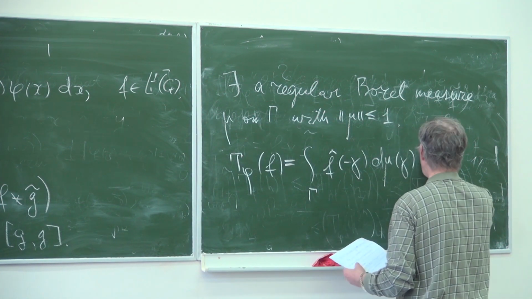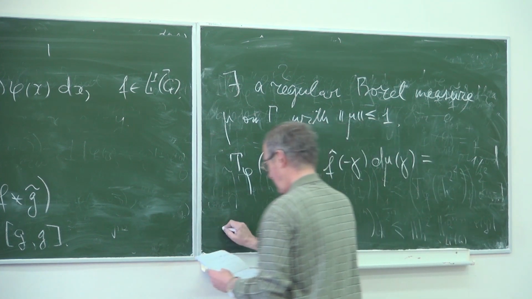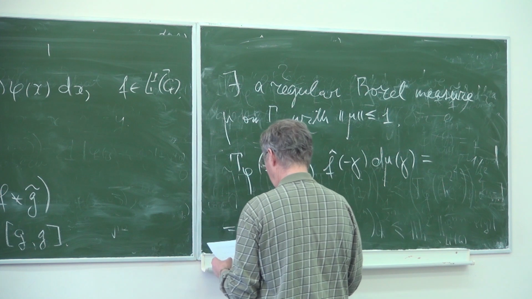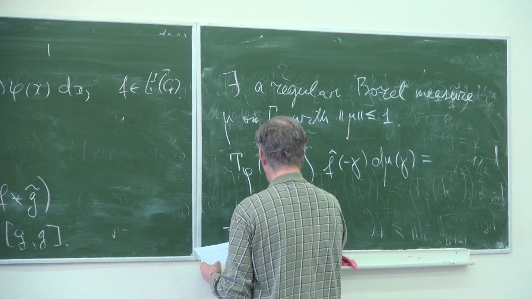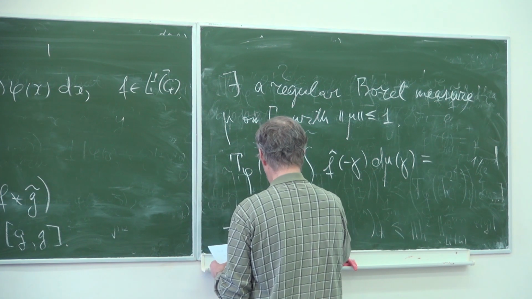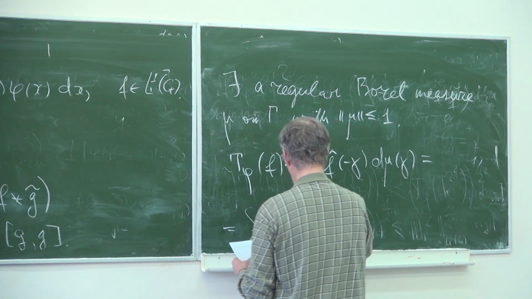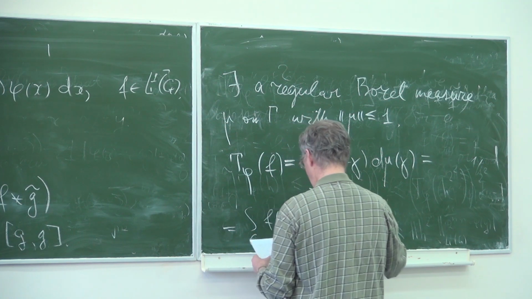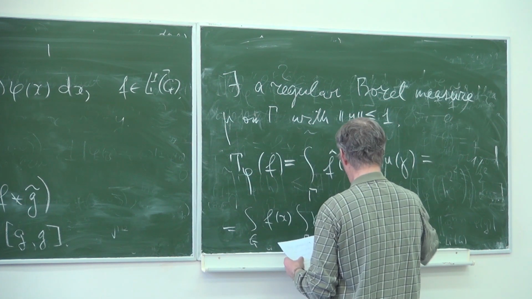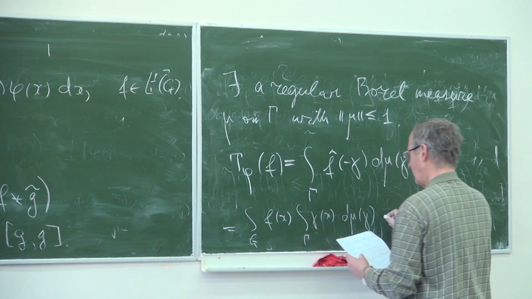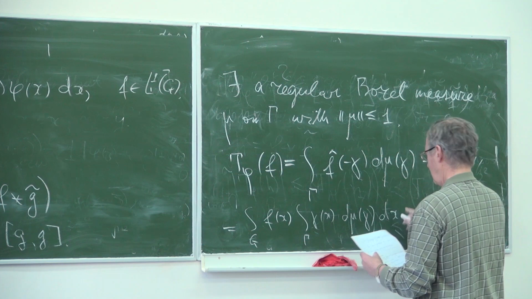Now let's see what this means. So f hat of minus gamma, we know what this is. This is the integral over g of f of x, and here the integral over gamma of x d mu of gamma, and here dx.